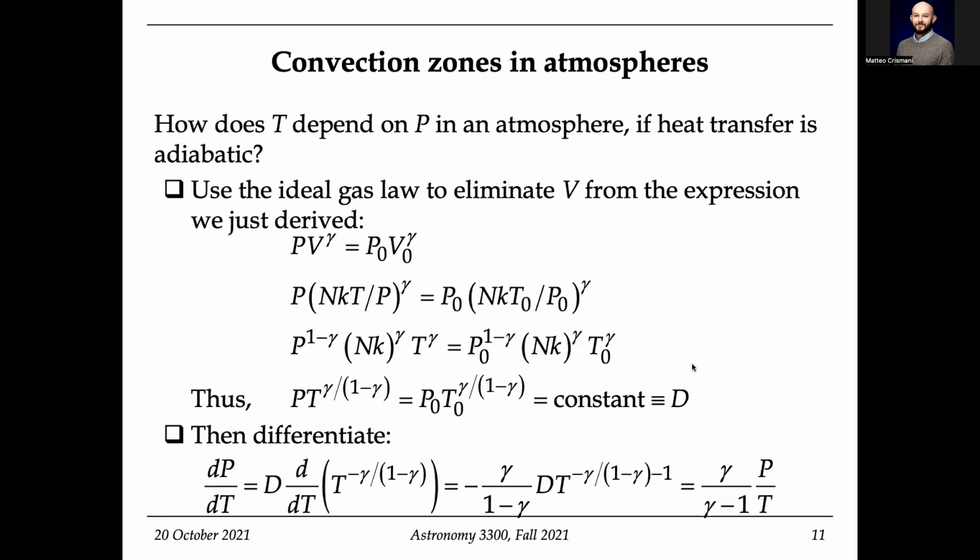Let's use it. So how does T depend on P? All right, that's the thing that we maybe care about. We want to write an expression for how the temperature is changing with altitude. Well, we just used the ideal gas law to get rid of V, right? So you have this horrifying ideal gas law.